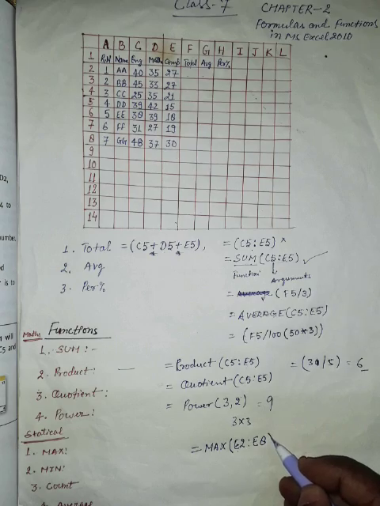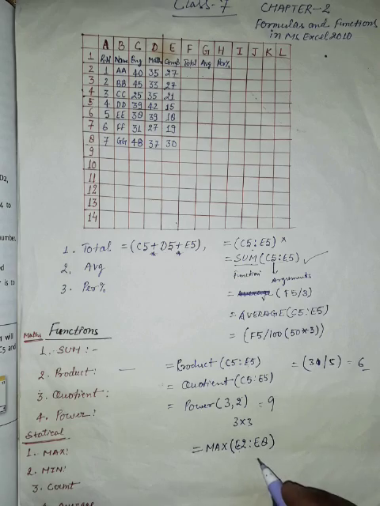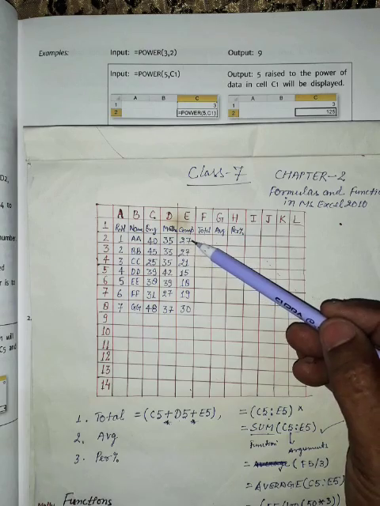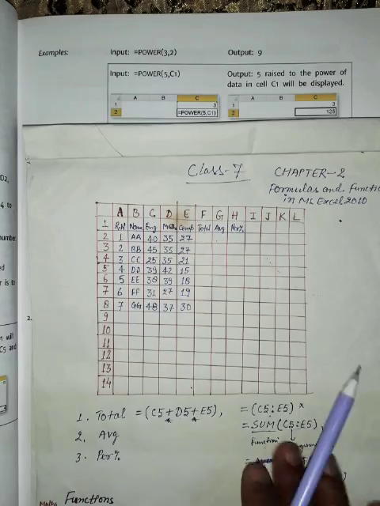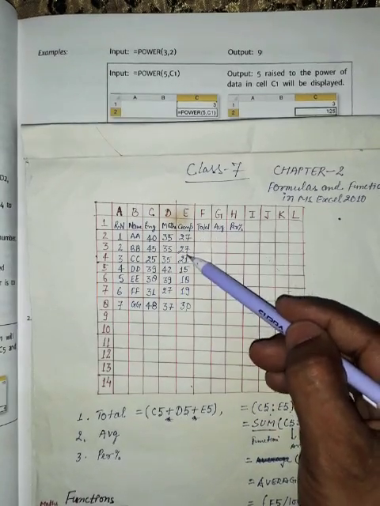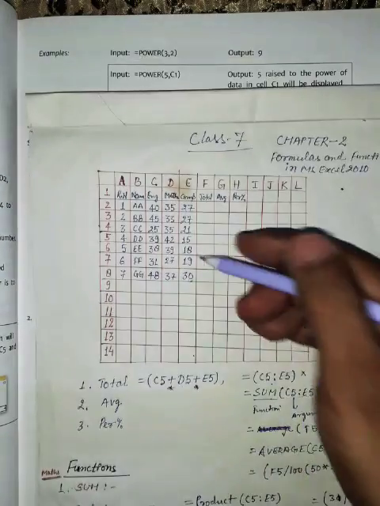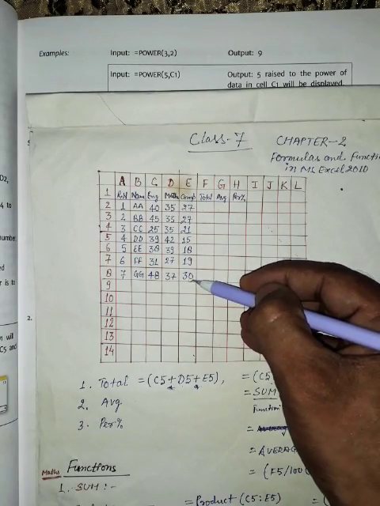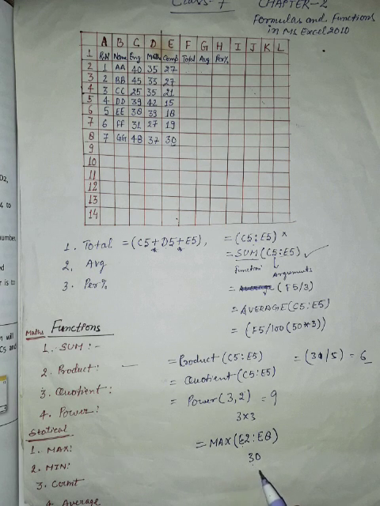Then we close the parenthesis and press enter, and we will get the highest marks in the given subject. Like here the highest mark is 30. The result will be 30, because it is the highest value in the given marks here.